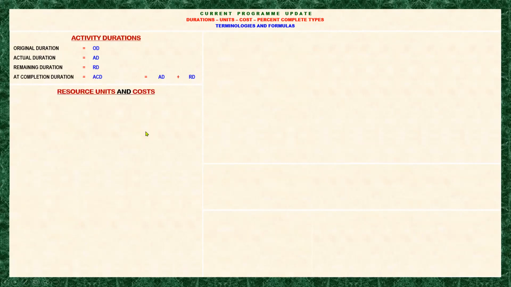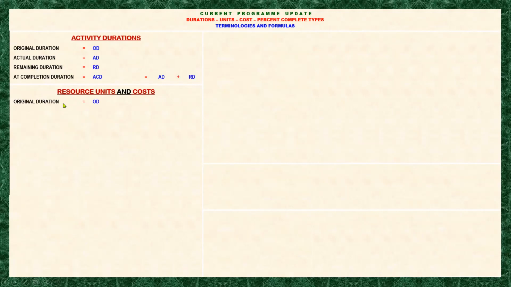And here we come to resource units and costs. Now we are talking about the resource. At the upper part, we were talking about the durations of the activity, but here we are talking about the duration of the resource.